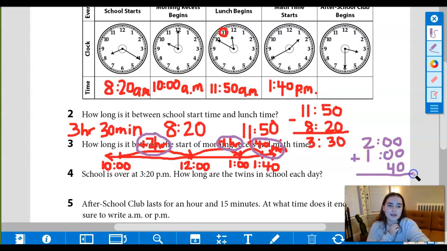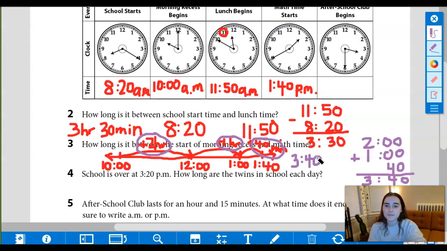We can figure out how much time passed. So in this case, how long is it between the start of morning recess and math time? 3 hours and 40 minutes.